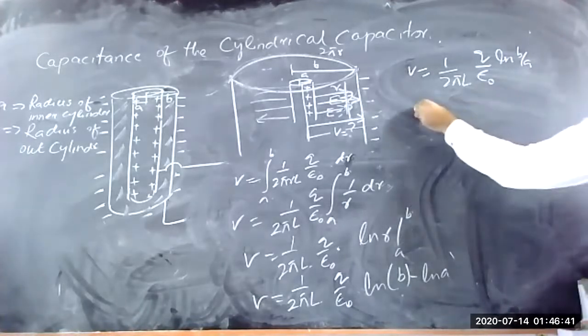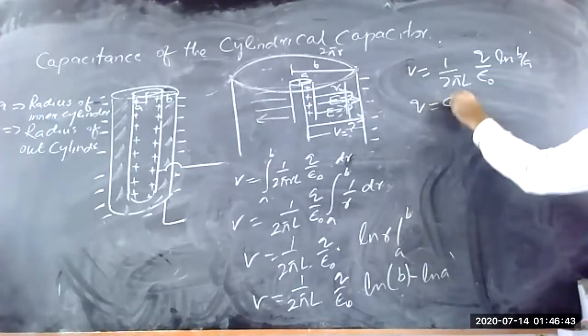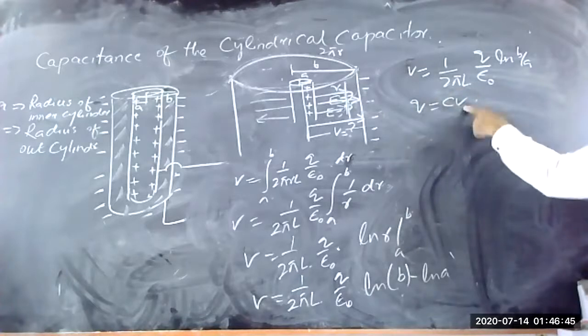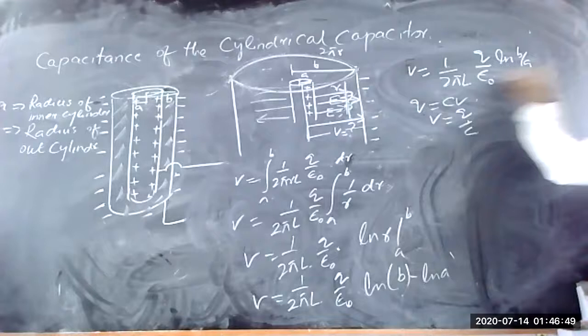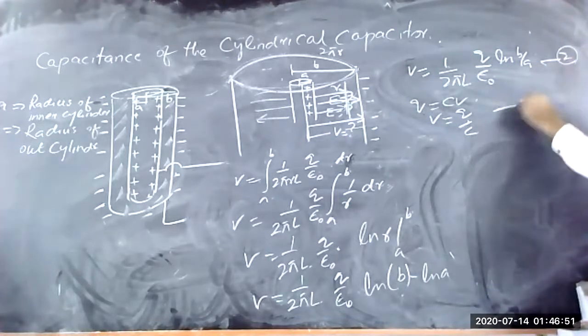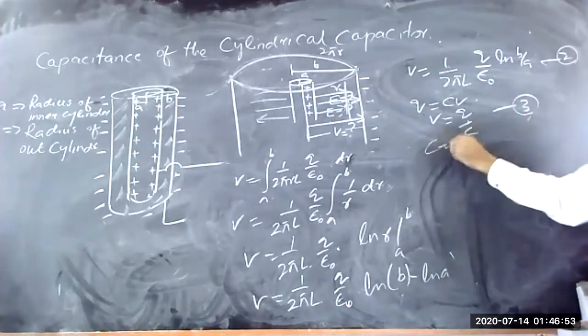So according to this, Q is equal to CV. We know that Q is equal to CV, so V is equal to Q upon C. Compare, this is equation 2, this is equation 3, compare 2 and 3.